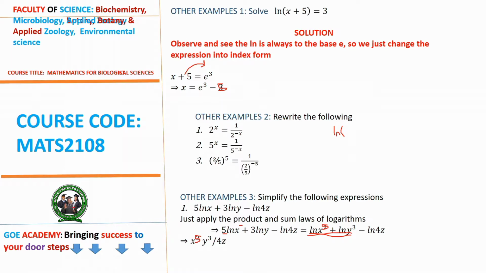So it becomes the ln of x raised to the power 5 times, or let me just put dot, y cubed. That's what it becomes. So this is the same as ln of x raised to the power 5 plus ln of y cubed. So that's the product rule.